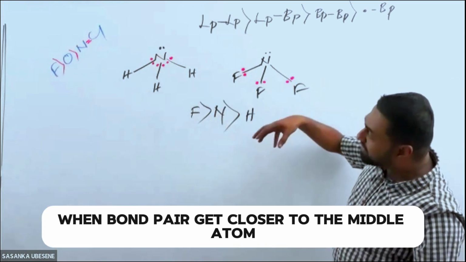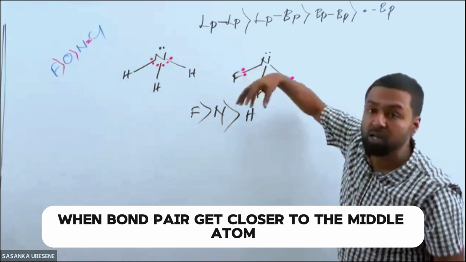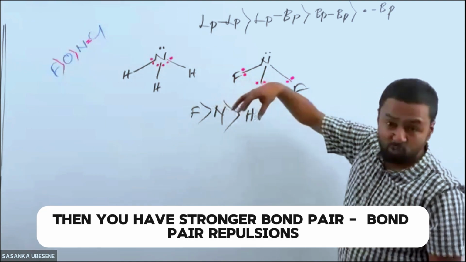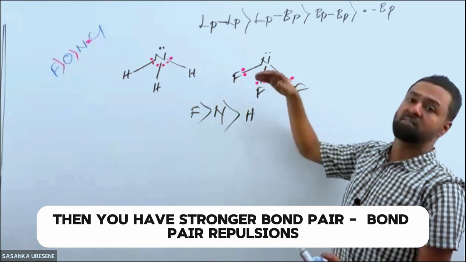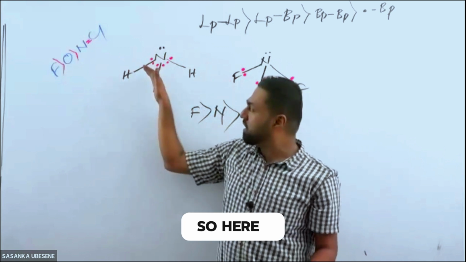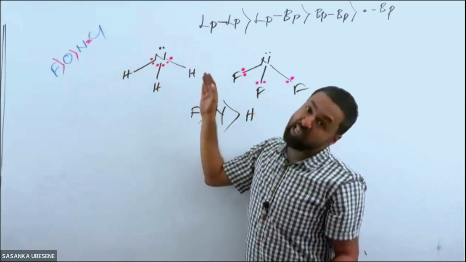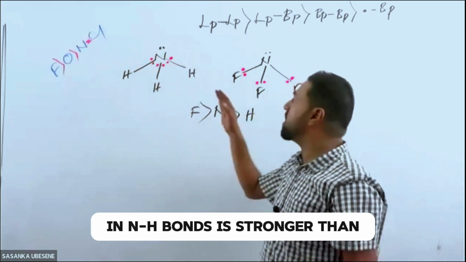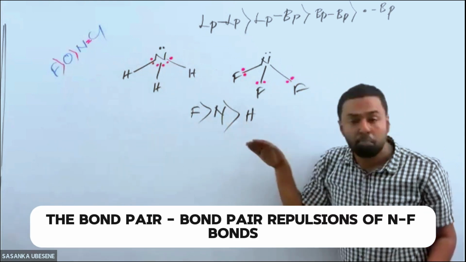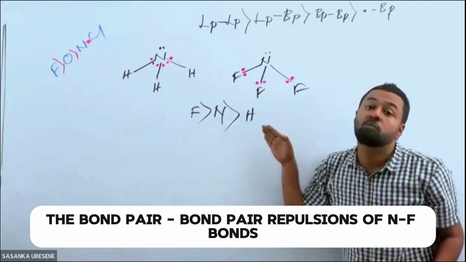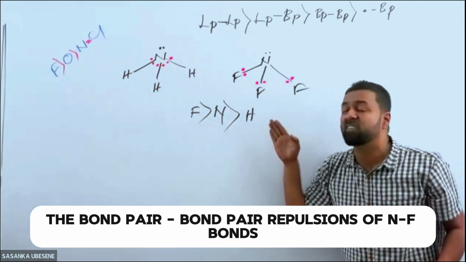When bond pairs get closer to the middle atom, then you have stronger bond pair repulsions. So bond pair repulsions in NH bonds is stronger than the bond pair repulsions in NF bonds.